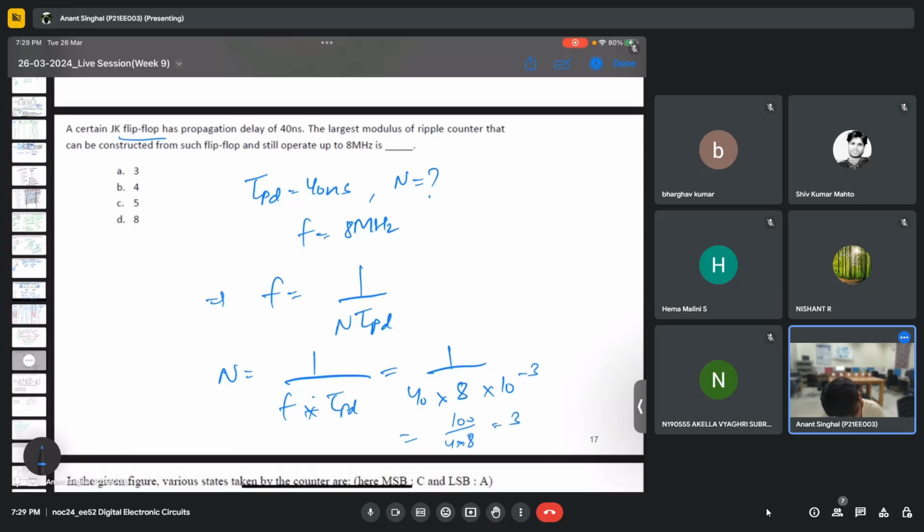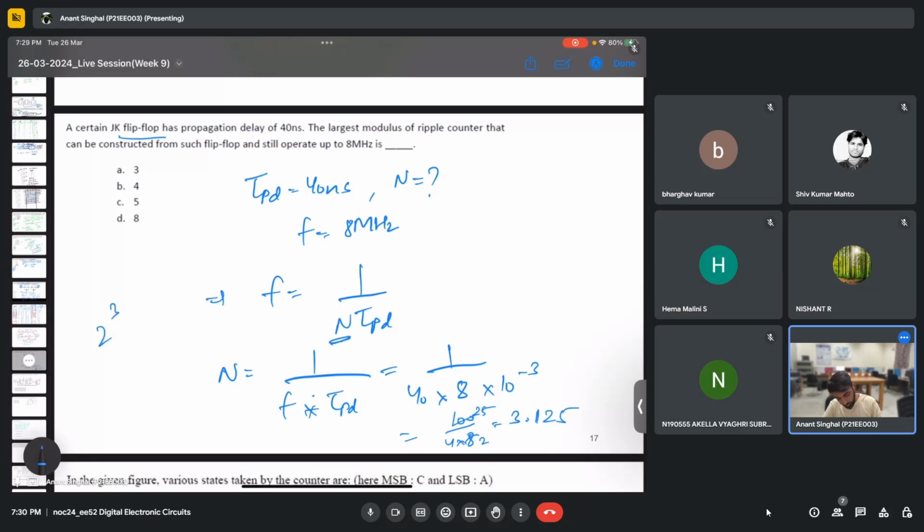100 by 32 is 3 point something, 3.125. So the largest it can be made is, these are the mod n, so 2 raised to the power 3.125. 2 raised to the power 3 is 8.